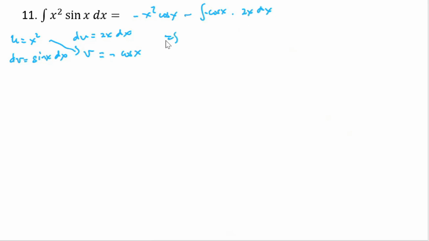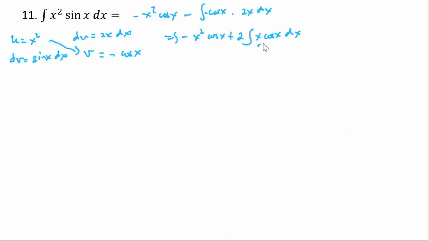So by simplifying, I will copy now the first term as negative x squared times cosine x. So negative times negative, we have now positive. I have now constant multiplier 2, so I can write 2 outside the integral sign. And I will write first the algebraic function of x times cosine of x dx.